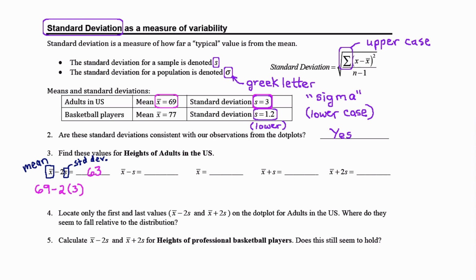For the second calculation, our x bar is still 69, and we will subtract off a single standard deviation of 3 to get 66. For the middle here, we have just x bar, the mean straight up. Then we will take our mean and add the standard deviation to get 72. And finally, we take our mean of 69 and add 2 times the standard deviation. Therefore, we end up adding 6 to get 75.